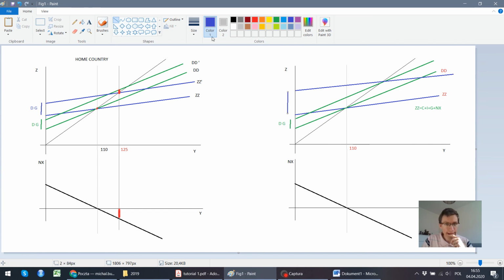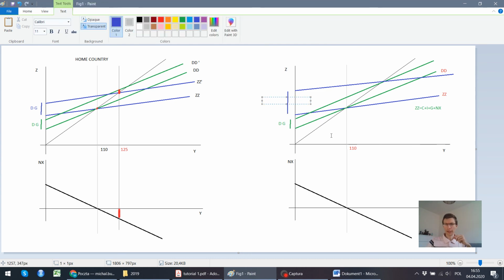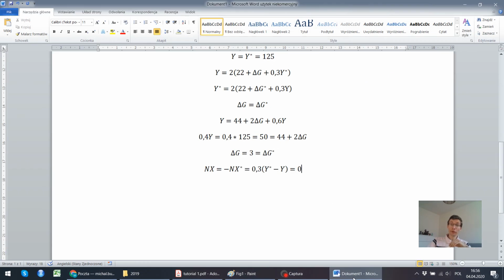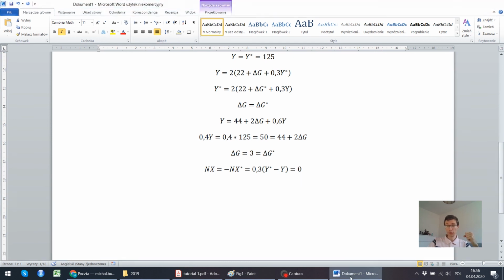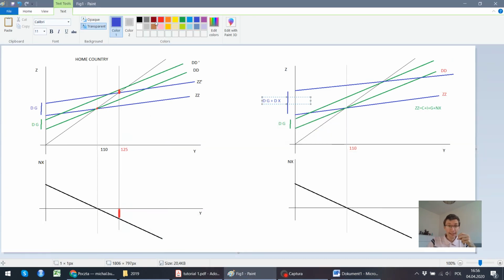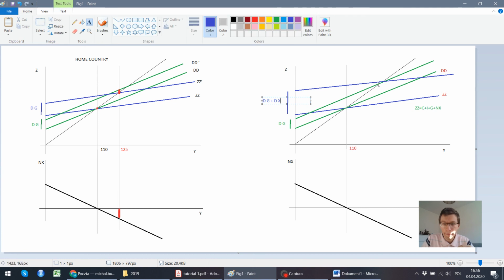The point here is that the change in the location of the total demand for domestic goods is not going to be only the change in governmental expenditures, but also the change in exports. How we know this? Well, we know this because the equilibrium level of net exports is equal to zero in the home country. And indeed, we can now draw the equilibrium line. Okay, so the new equilibrium.